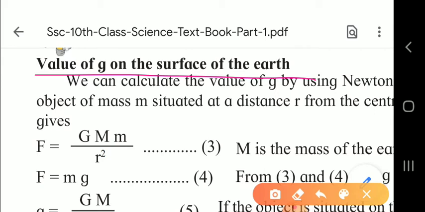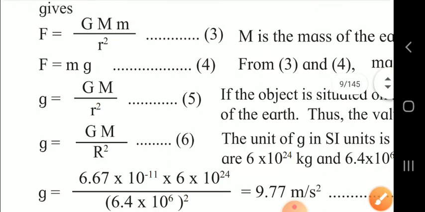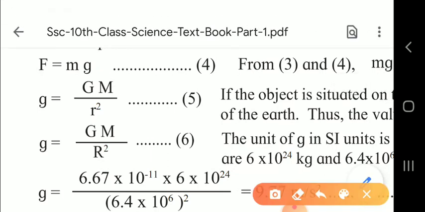So F is equal to G capital M into small m upon r square. This is equation number 3. Now here we can see F is equal to m into g, that is equation number 4.